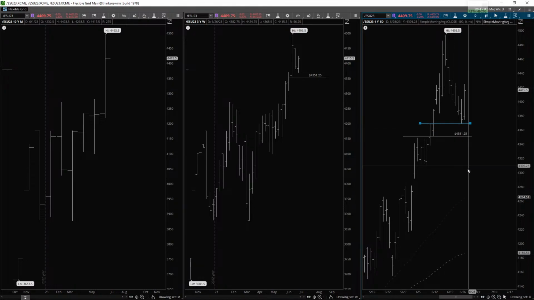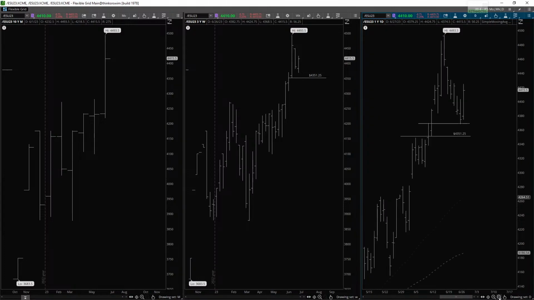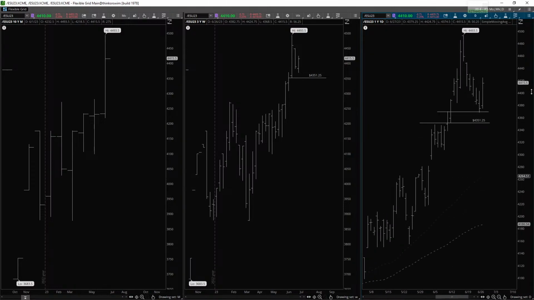This breakout here, to me, would have been more relevant if this breakout had been tested, not this one here. This is not a breakout. This is a continuation. So that's a sign here. This could be a sign of strength. Here, the market has no testing.